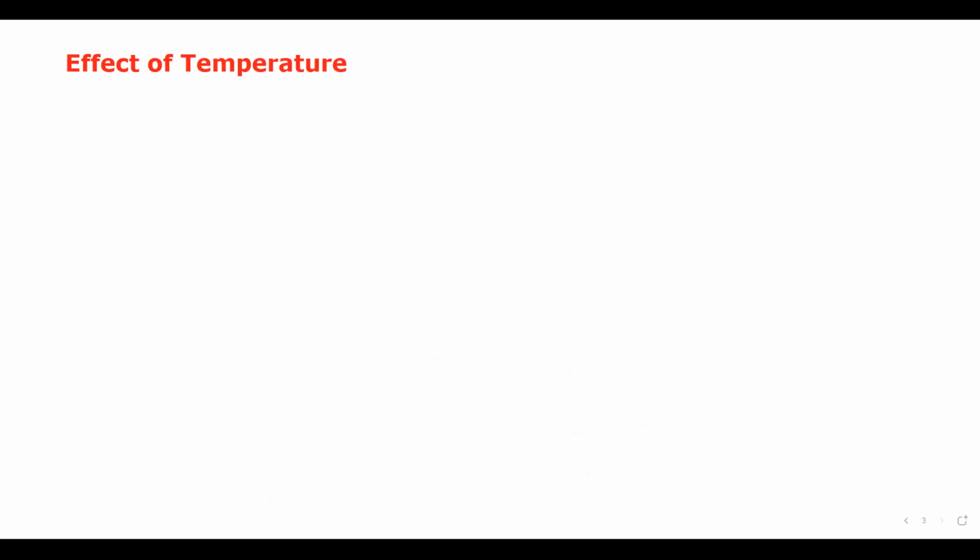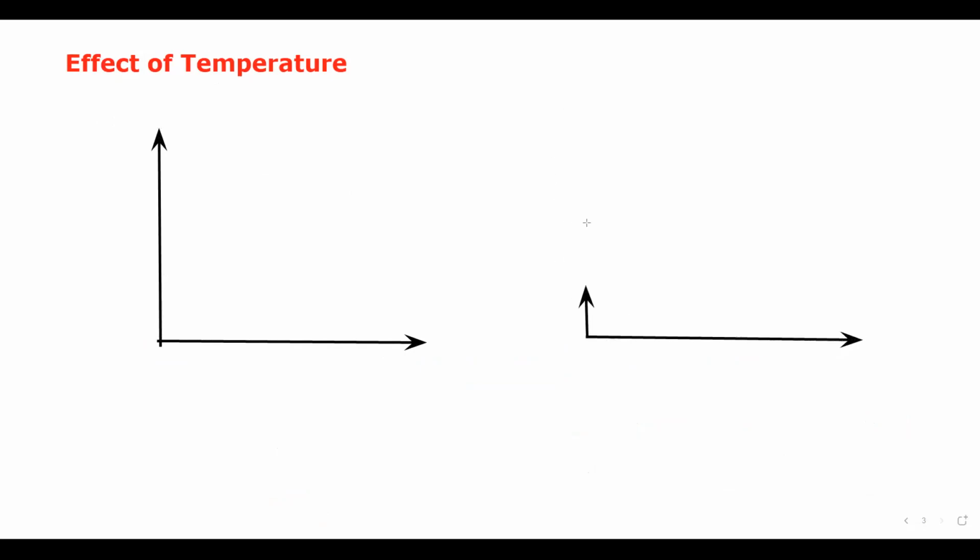So if we have an endothermic reaction, in which the reactant is having low energy and the product is having high energy. And in an exothermic reaction, the reactant is having high energy and the product is having low energy.